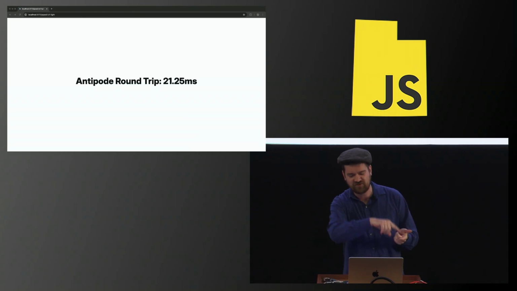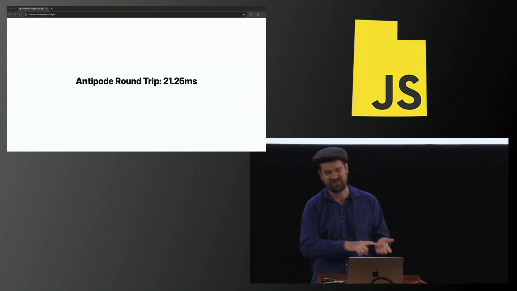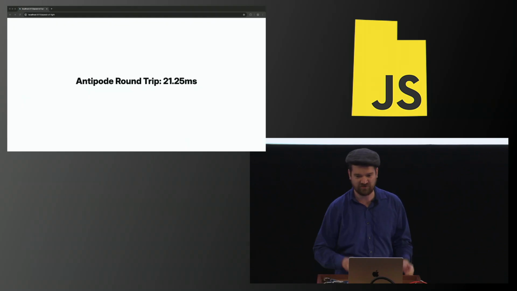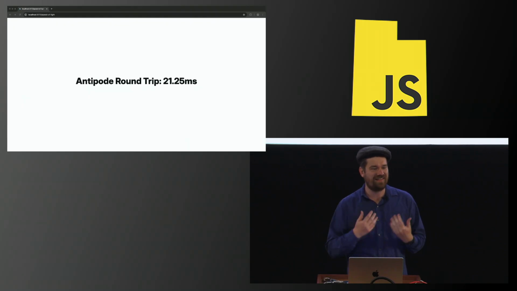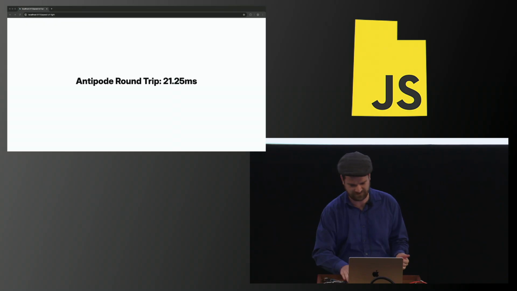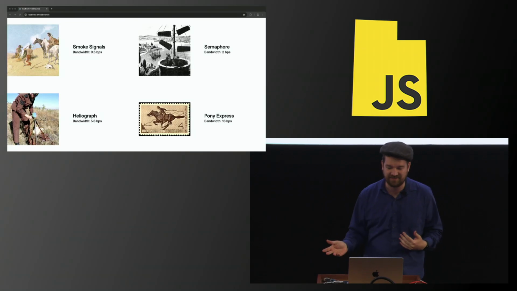I can't remember if that is the round trip time or just one way. I think this is just how long it takes to get to the other side of the world if you go all the way around. So in ideal conditions, that is your fastest latency if you are sending messages to the middle of the Indian Ocean. And distance plays a big role in both bandwidth and latency.